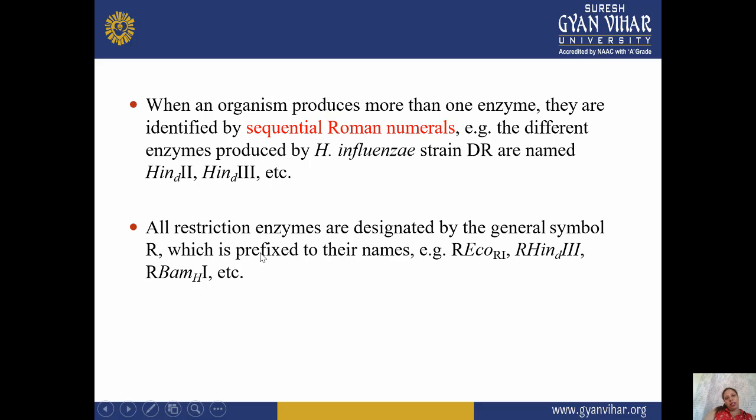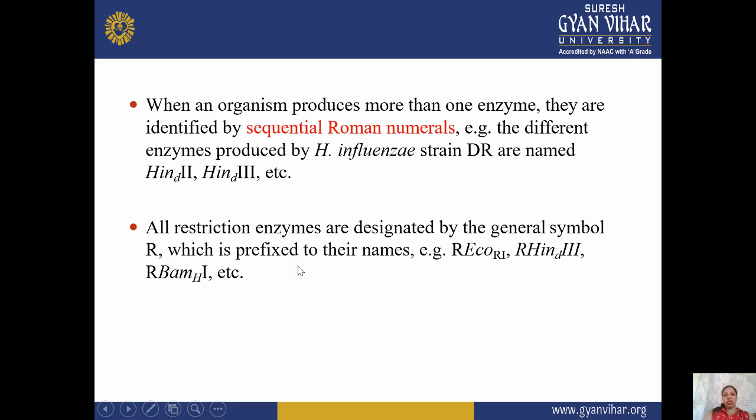All restriction enzymes are designated by the symbol R, which is prefixed to their names, like R EcoRI, R HindIII, similarly R BamHI, etc. Wherever R is there, R represents the restriction enzyme. So the prefix R is the important thing.